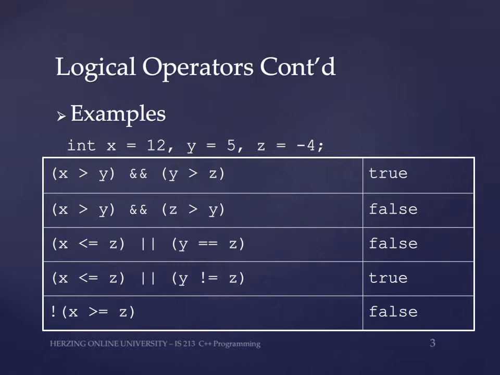If both operands are true, then logical OR will return true as well. If logical NOT's operand evaluates to true, logical NOT evaluates to false. If logical NOT's operand evaluates to false, logical NOT evaluates to true. In other words, logical NOT flips a Boolean value from true to false or vice versa.